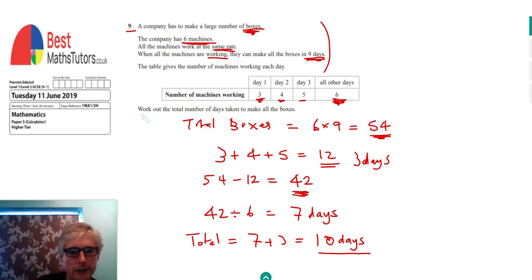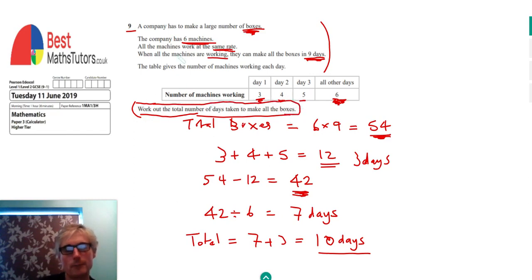If we read 'work out the total number of days taken to make all the boxes' first, then the beginning part of the question makes sense to us, and we know which bits we've got to understand. So that's a hint I'm giving: read the actual question part first before going through the main part of the text.